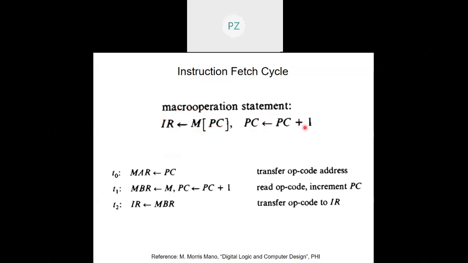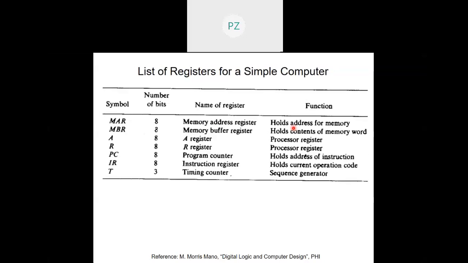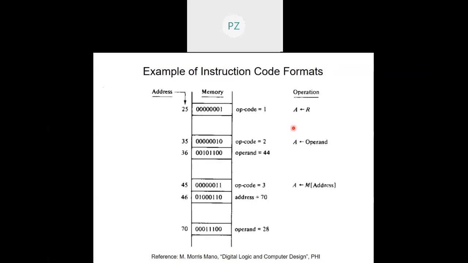And the program counter has to be incremented so that it points to the next location now, right? Remember, the program counter will have to store this 25, 35, 36, whatever it will store. Suppose it stores 25, then this will come out into the instruction register.